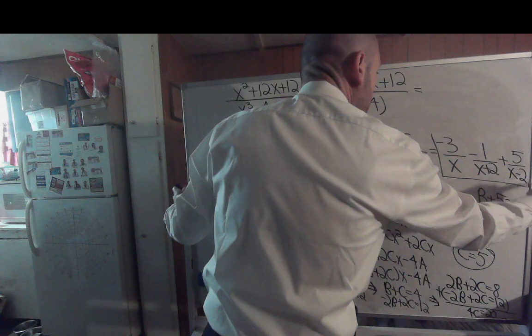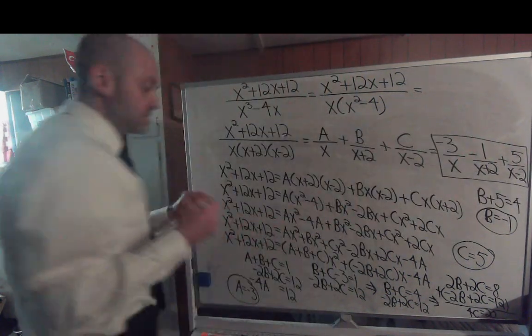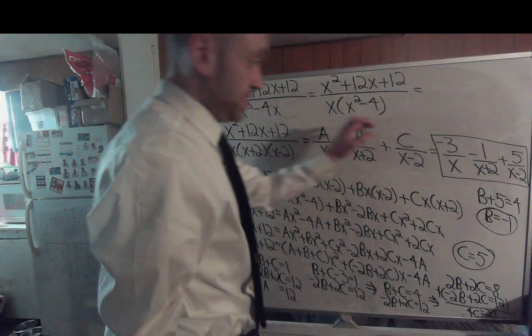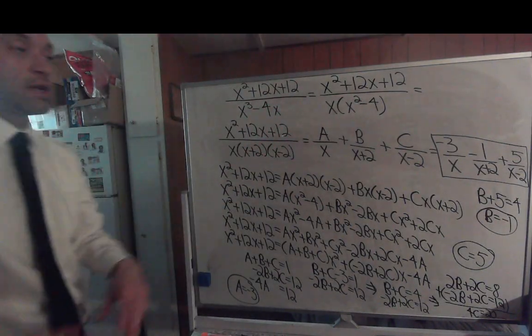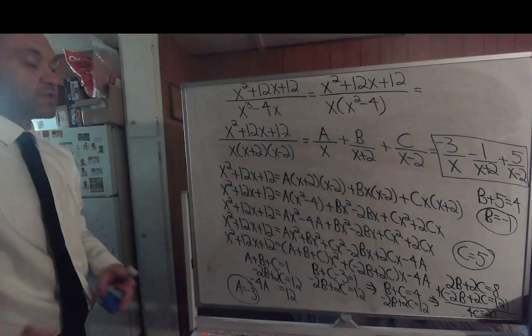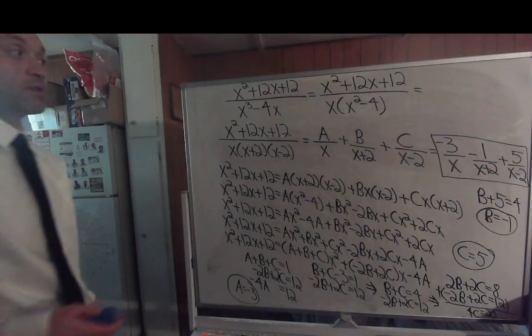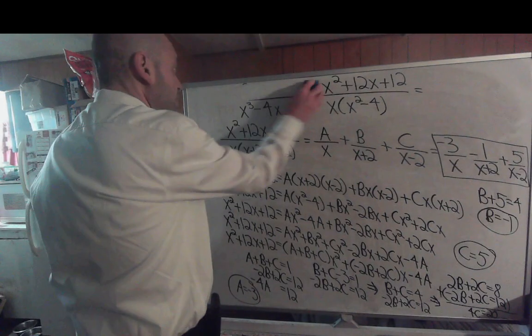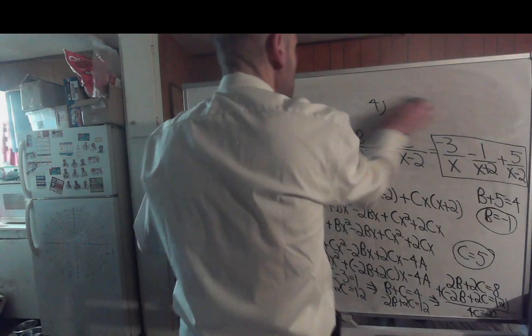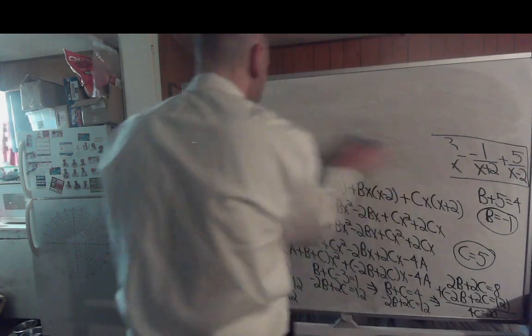That would end up being my partial fraction decomposition for this particular fraction. So that's how you can do it with multiple non-repeated linear terms. Let's go on to repeated linear terms this time. Believe it or not, it's not too different.